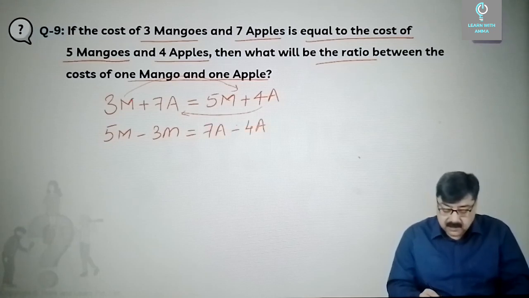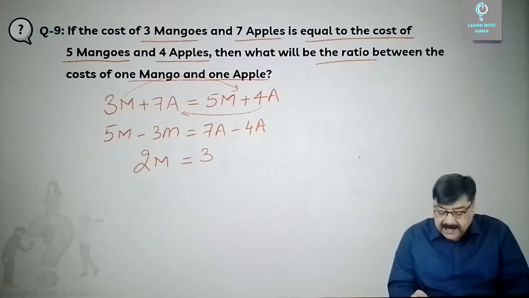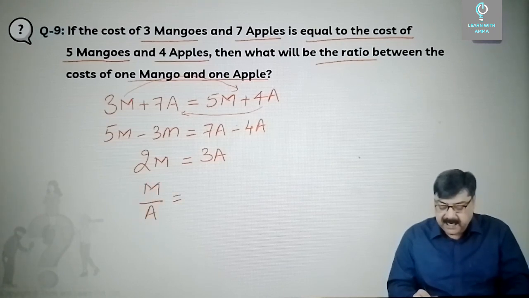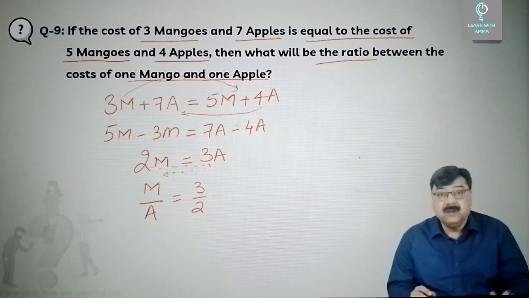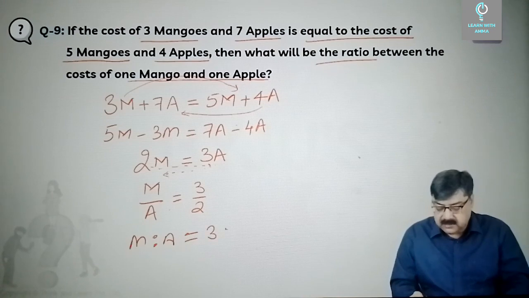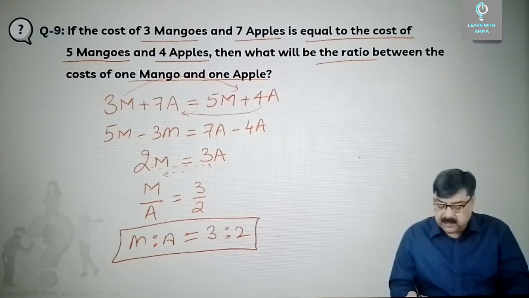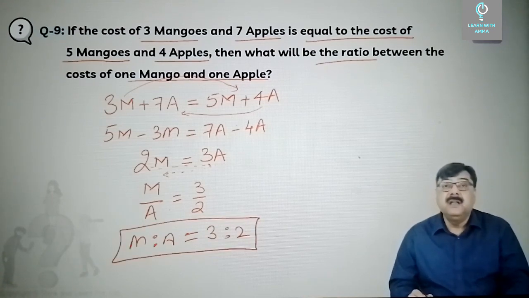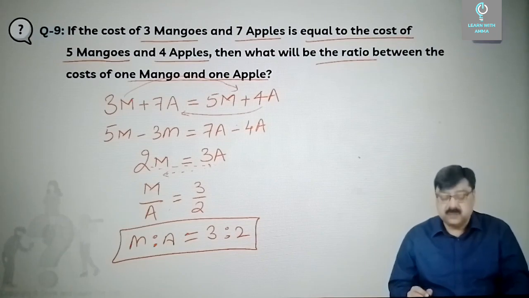So this becomes 2m equals 3a, which also can be written as m by a equals 3 by 2. This comes here, and this goes to the denominator on the other side. And so this anyhow is the ratio. M is to A is equal to 3 is to 2. This is the ratio between the cost of one mango and one apple, that is 3 is to 2.